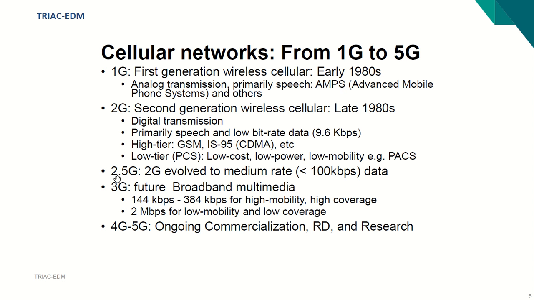And then there was an intermediate generation, 2.5G. That's 2G evolved to medium rate, which is smaller than 100K. So as you see, from 9.6 up to 100K, it's been a very huge jump in terms of the data rate.